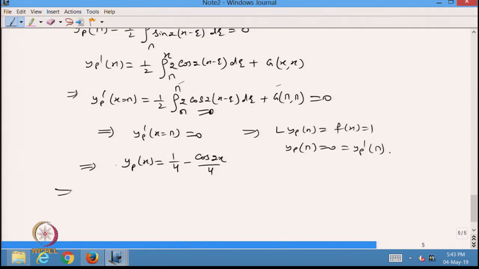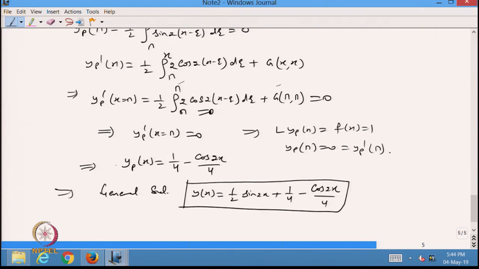So, then my general solution y(x) will be 1 by 2 sin 2x plus 1 by 4 minus cos 2x by 4. So, that will be my general solution for the given equation.